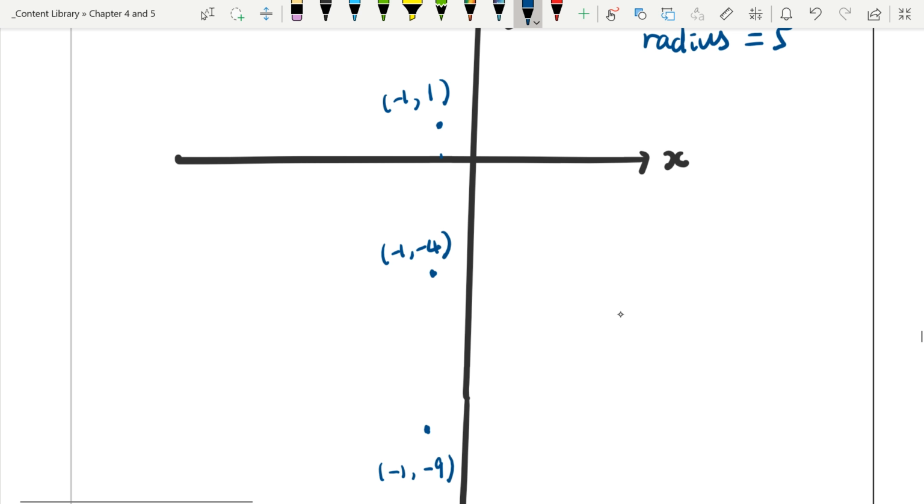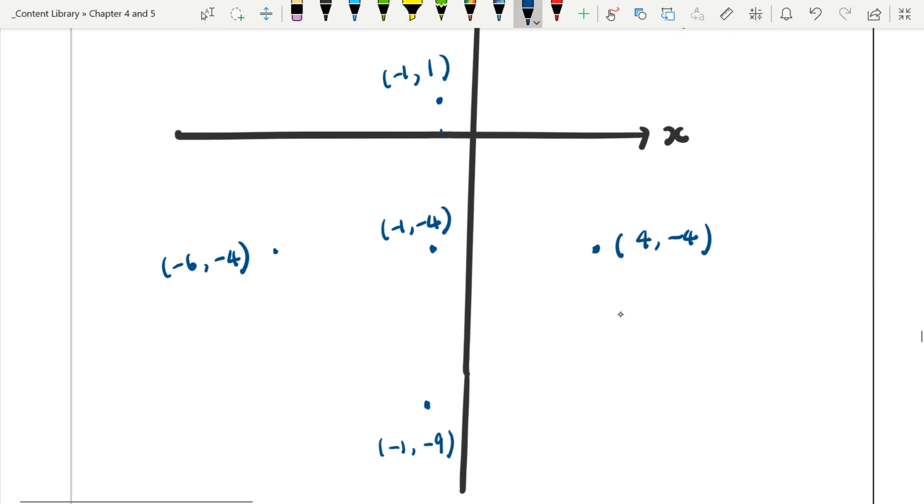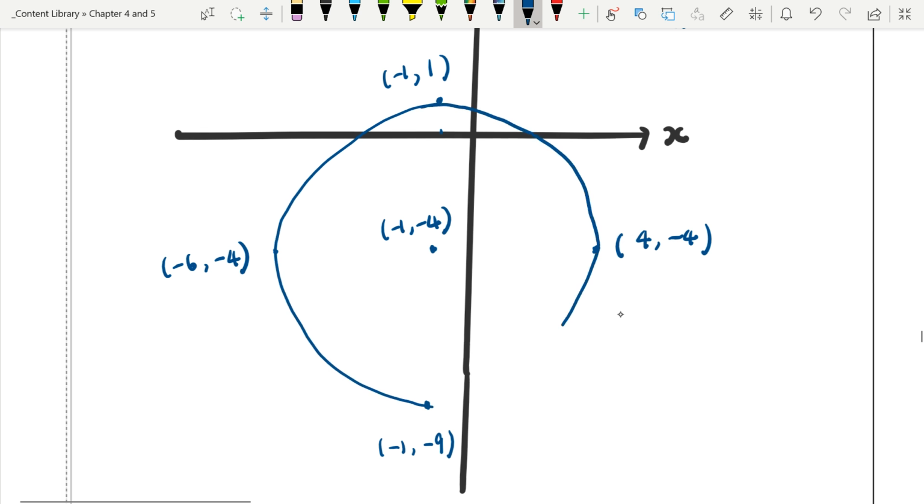And to move 5 units to the right hand side, we have here, that's 4, -4. And to move 5 units to this side, we have -6, -4. Okay, so we will just connect that and try to make that like a circle. I know it's not going to be very round, but as long as it looks like a circle, that's fine.